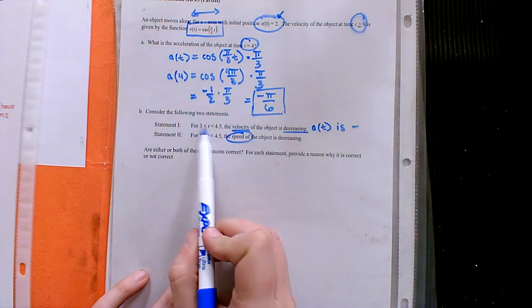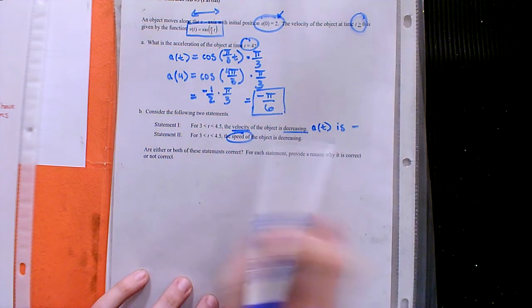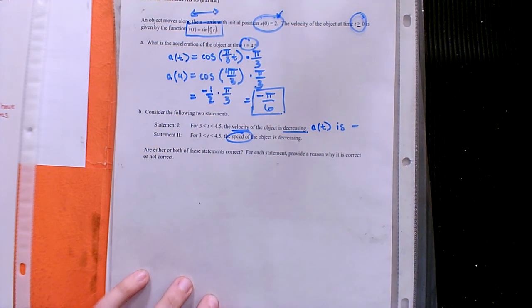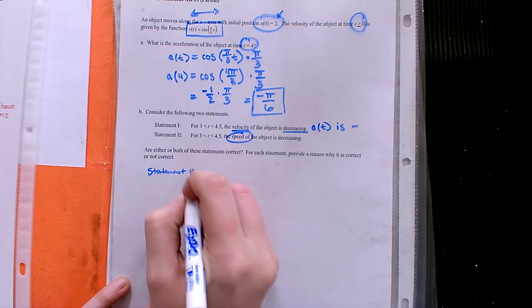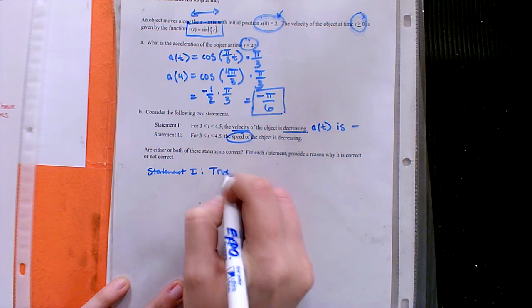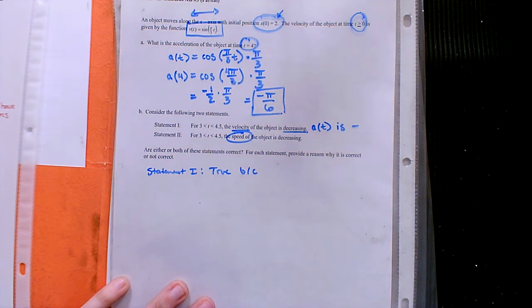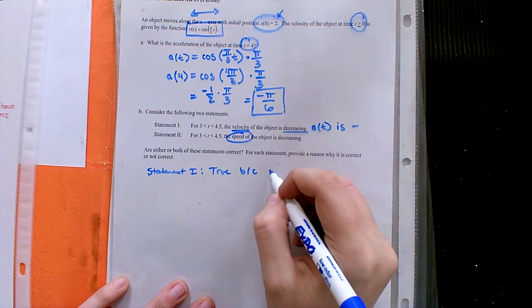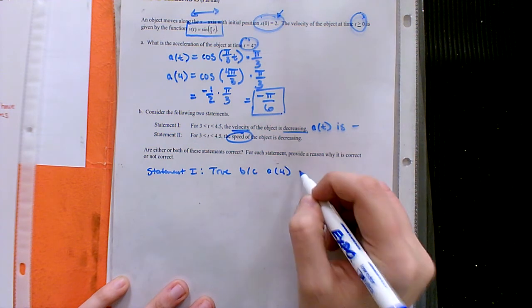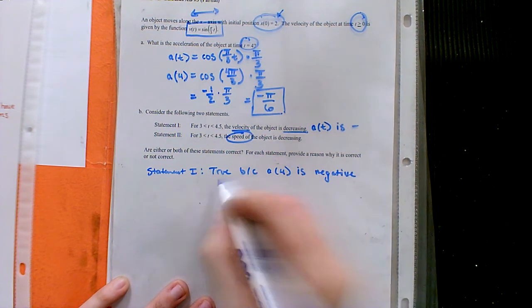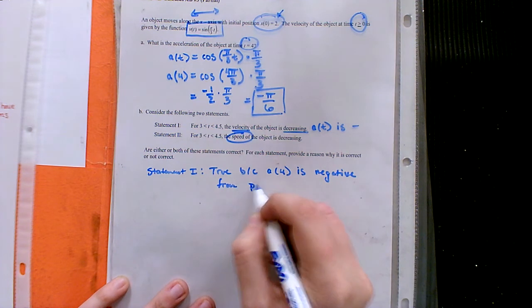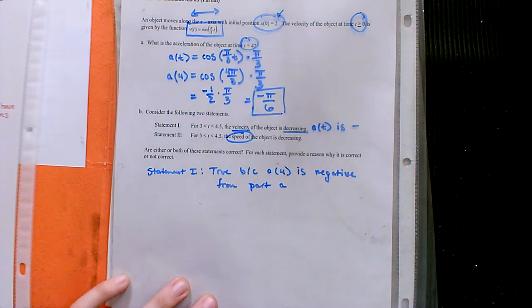Okay, so on this interval, if you were to pick any number you wanted, acceleration would be negative. Okay, so we'll say statement 1 true because a of 4 is negative from part A.